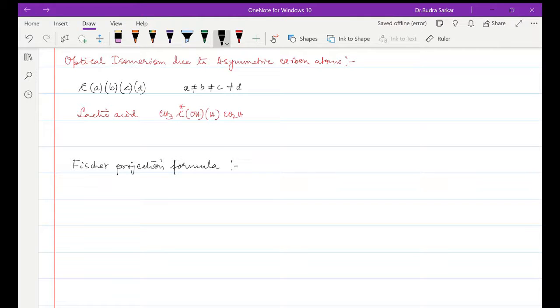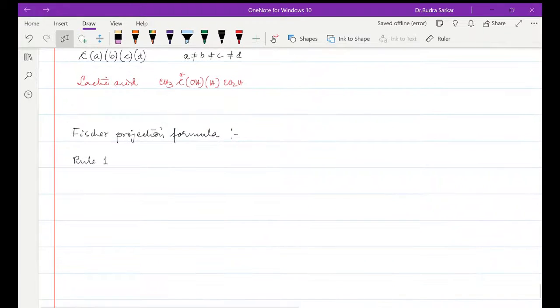Say rule number 1. So when you are talking about asymmetric carbon, okay, we know the sp3 carbon has a tetrahedral structure. So say this is one of the bonds, and this is the other one, another one, and this is the other one. Okay, so this is A, let's say B, C, and D.